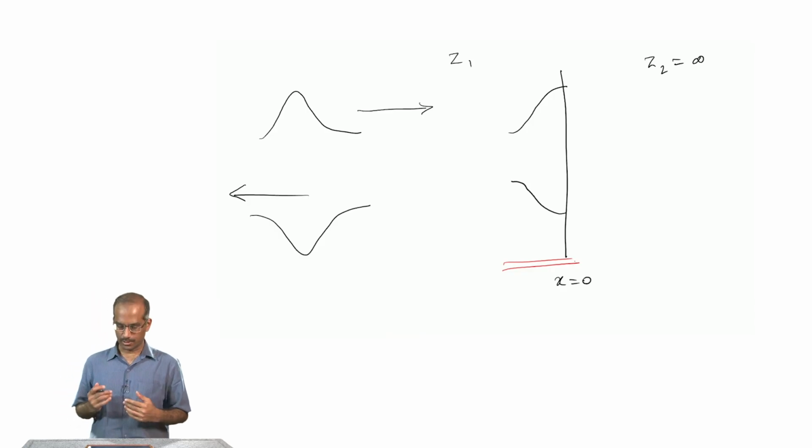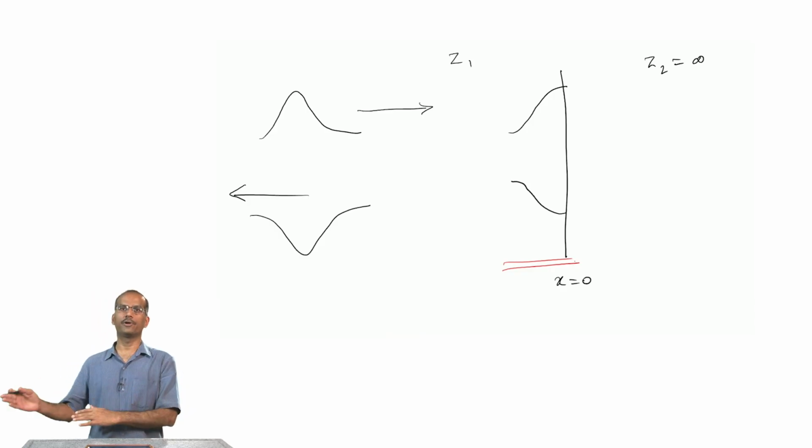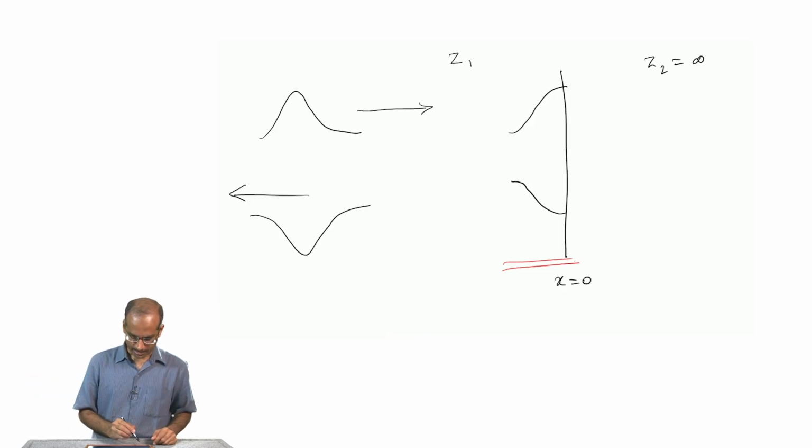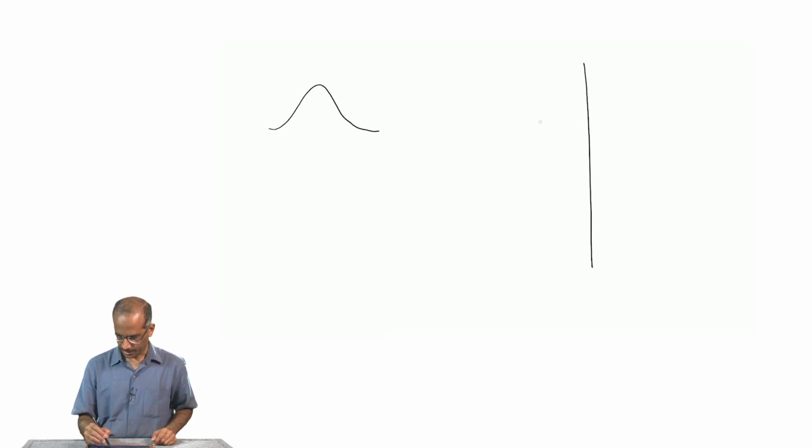If Z2 was not infinity, a part of this wave would have gone into the second region. In other words, the figure should have been drawn something like this. This is my incoming wave, and maybe when it interacts with the boundary, there is a part that has crossed over with a different amplitude and a part that has gone like this.